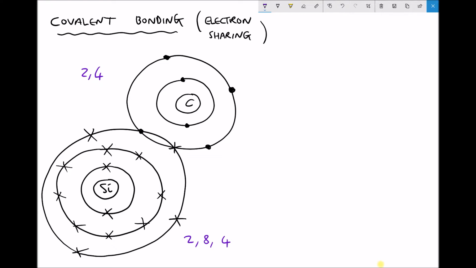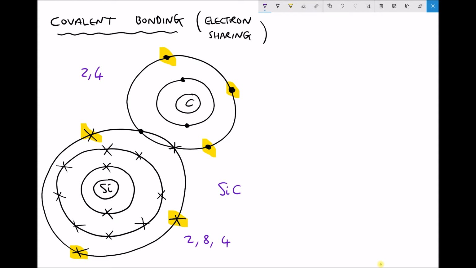The way that I've pictured it here, we have silicon sharing 1 electron with carbon and carbon sharing 1 electron with silicon. But this means that the carbon still wants to gain 3 electrons, or it wants to create 3 more shared pairs of electrons here, here and here. And the same is true for silicon. Silicon either wants to gain or share another 3 electrons. What we have pictured here is the substance silicon carbide, and the chemical formula is SiC.